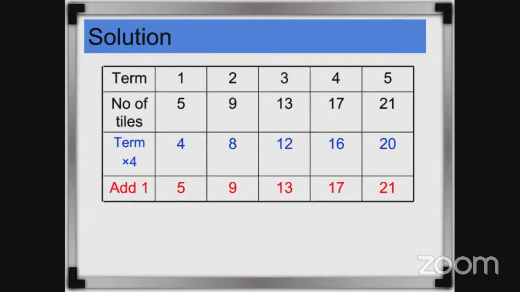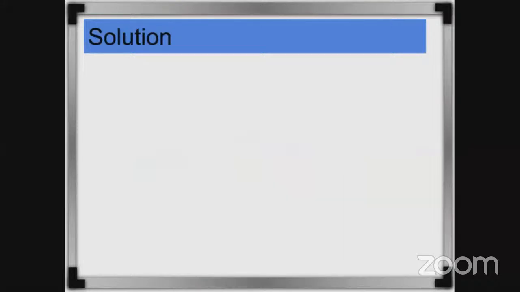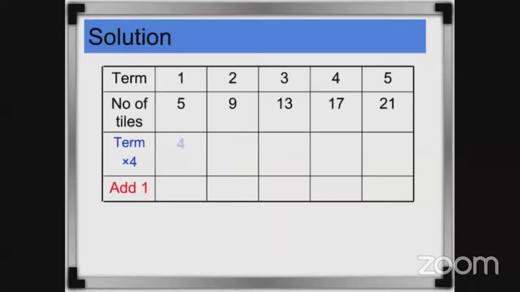So it's 1 set of 4 for term 1, 2 sets of 4 for term 2, 3 sets of 4 for term 3, and so on. So you identify visible patterns, and you use those visible patterns to help you predict what term could come next.